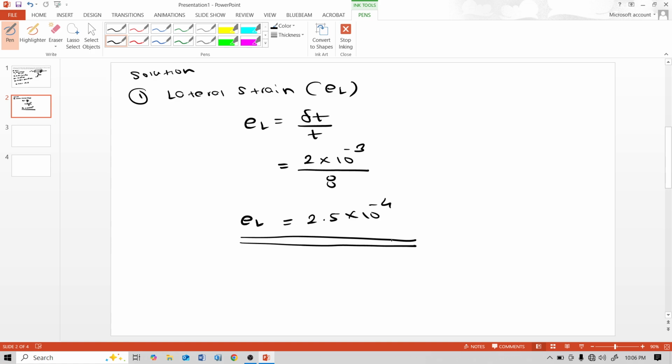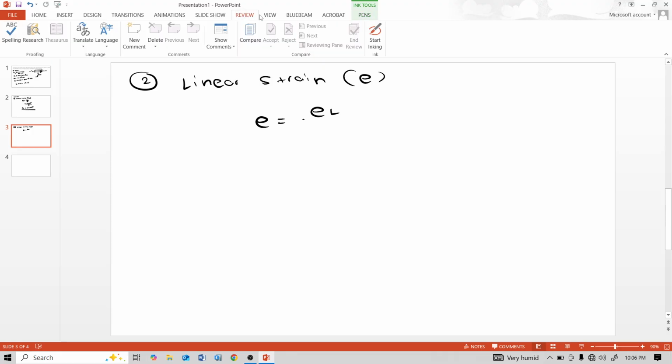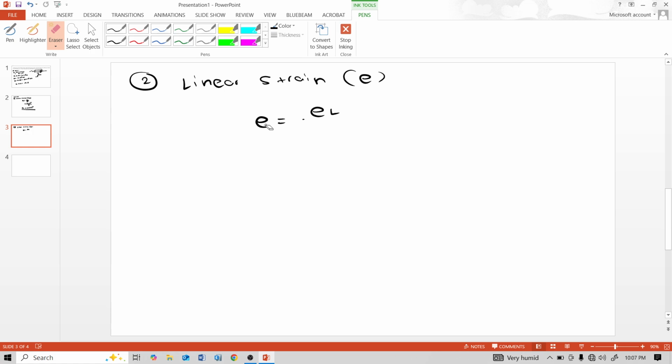Next, find linear strain. Linear strain E. See, for finding linear strain we use the Poisson's ratio formula, and Poisson's ratio is lateral strain to the linear strain.